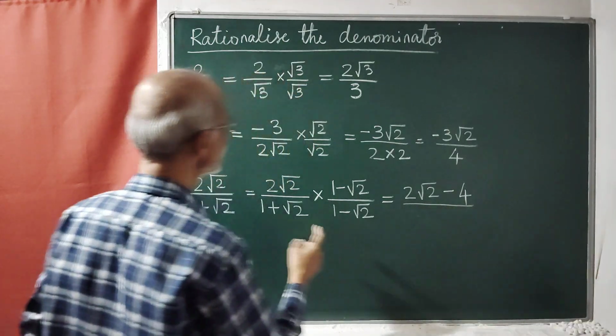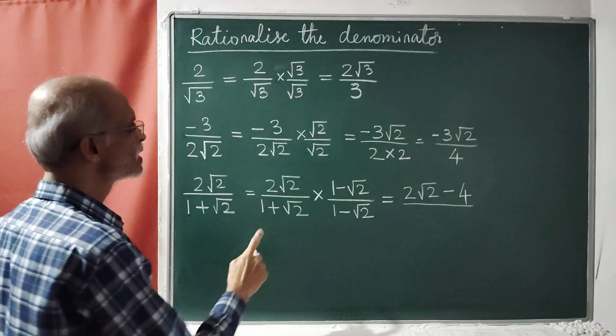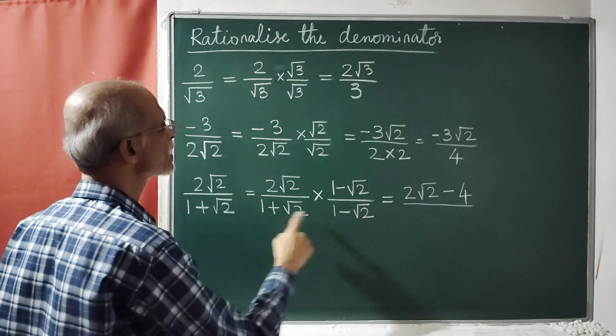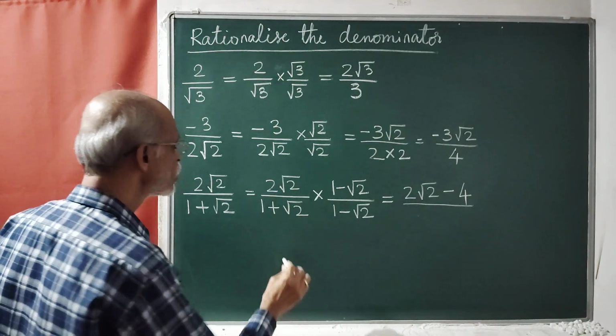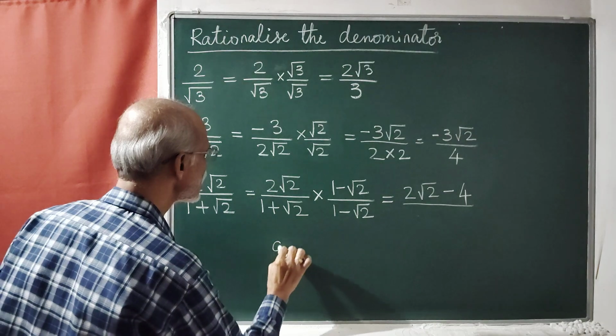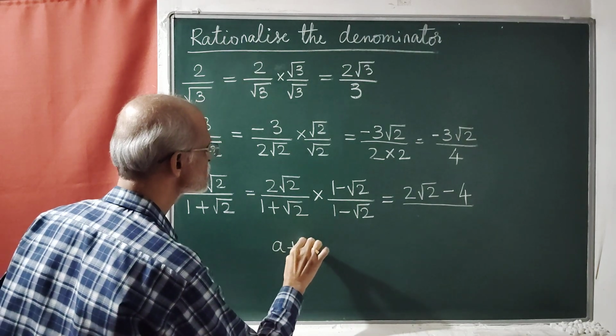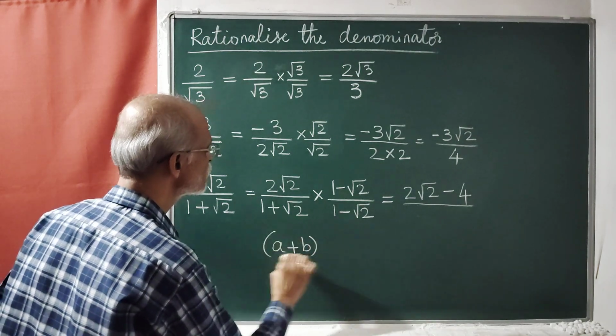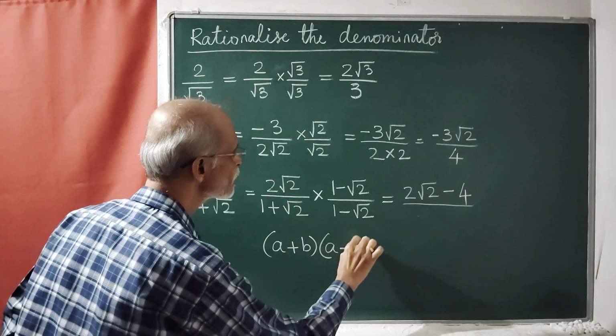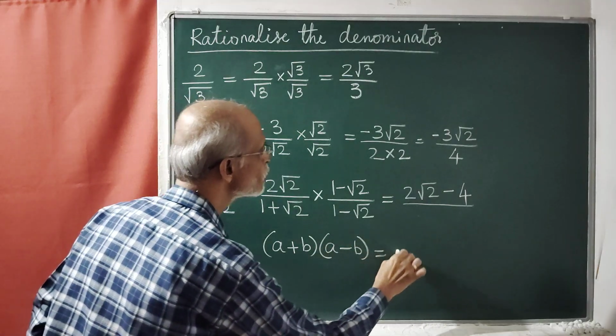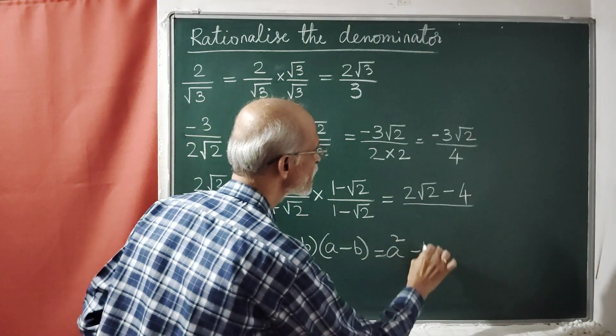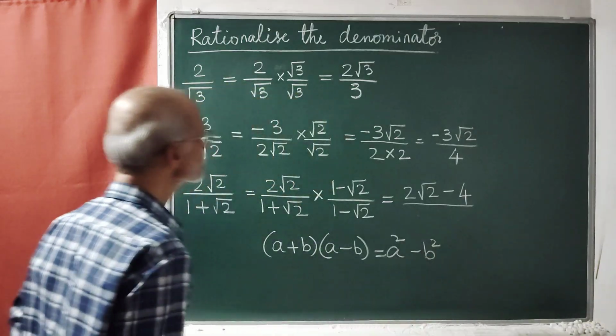Divided by, now you can see here, I can solve it by using the identity a plus b into a minus b is equal to a square minus b square.